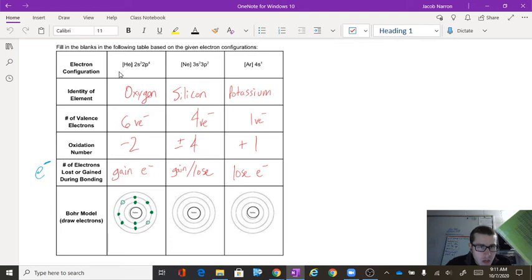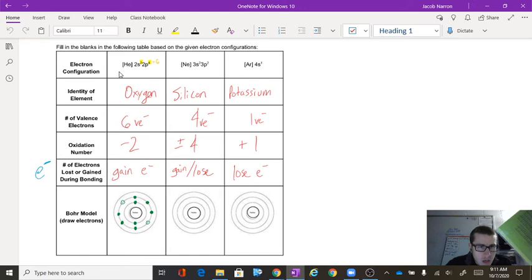I gave you an electron configuration that says you should only have 6 valence electrons. How do I know that? Well, there's 2, there's 4. That's going to equal 6 electrons in the outer shell. But if it was the ion, -2 means it will gain 2 electrons.